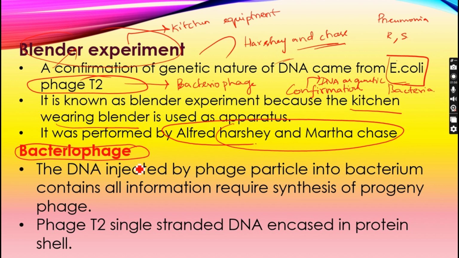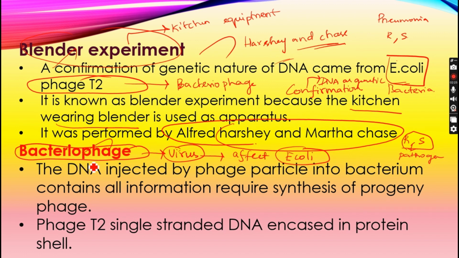A bacteriophage is a virus. This virus affects E. coli bacteria in general, like the R strain and S strain bacteria are pathogenic to mice. Here, instead of bacteria, a virus is used, which is the bacteriophage, which can affect E. coli only.